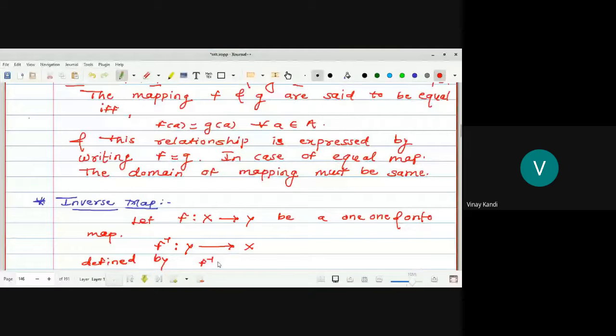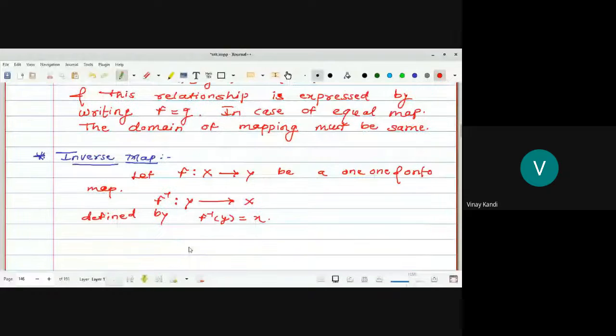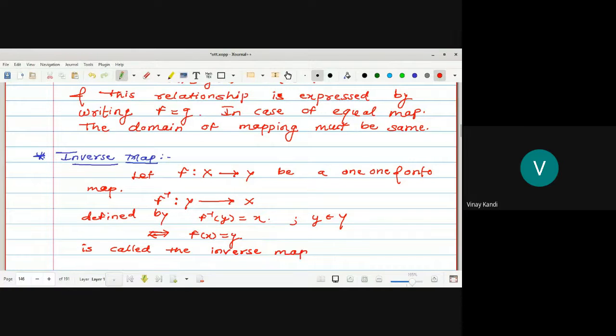Here the input belongs to the set Y, so each y belongs to capital Y, which implies and is implied by f of x equal to y. And f inverse is the function from Y to X. It is called the inverse map of the function f.